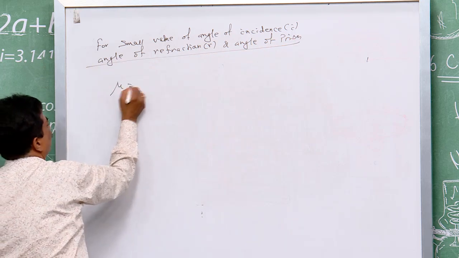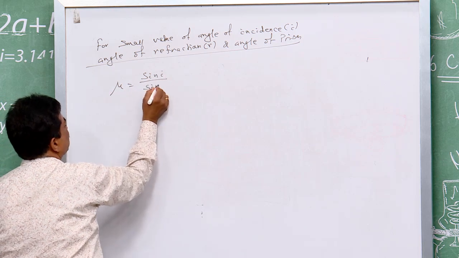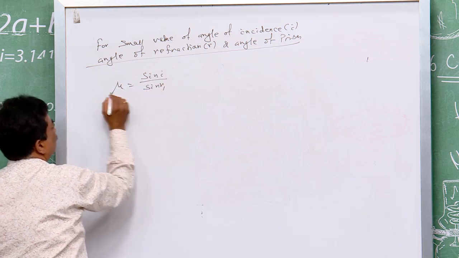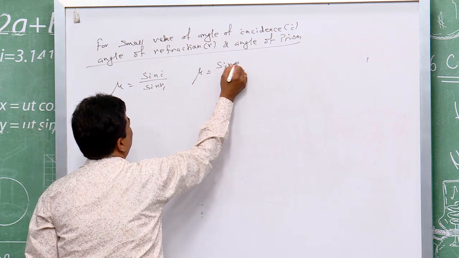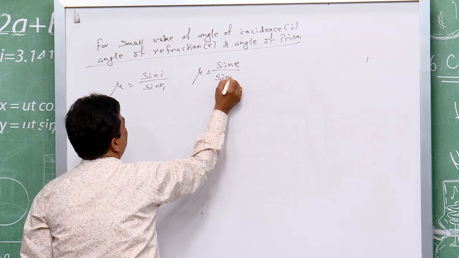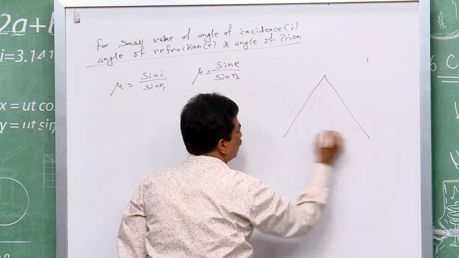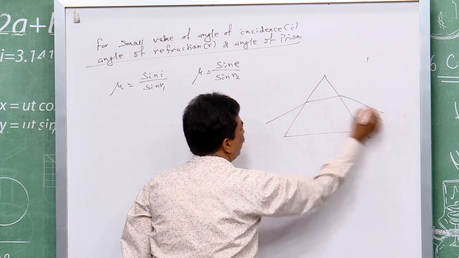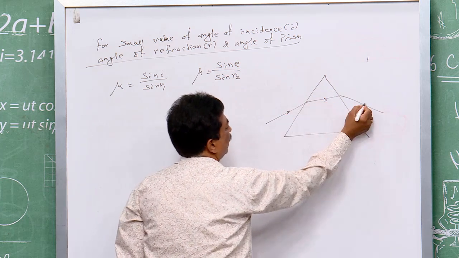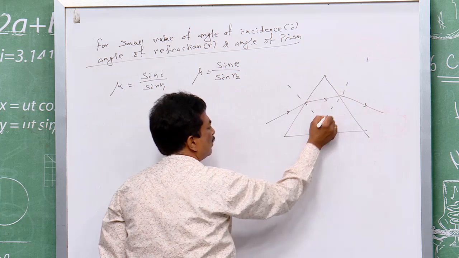You know that mu is equal to sin I by sin R1, and mu is also sin E by sin R2. As this is the prism, this is the incident, refracted, emergent ray, and this is the normal.